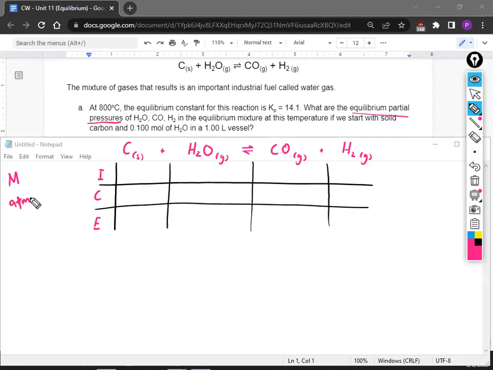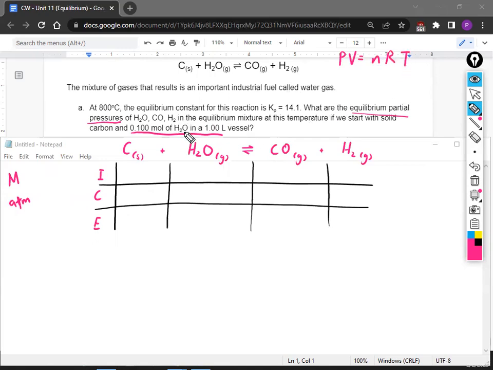All right, so we want ATM, and we haven't done this before, but in ice tables, we can actually put everything in terms of ATM. So we can take this information right here, turn it into ATM, and then put it into our problem. We're going to use the ideal gas law in order to find ATM here, okay?